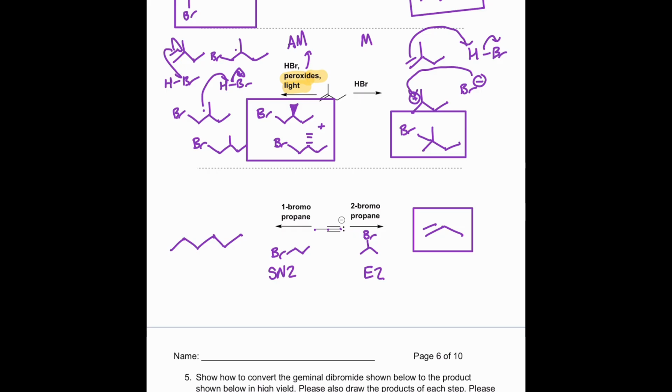So it's just going to come in and attack at this bottom one, essentially making this leaving group leave.